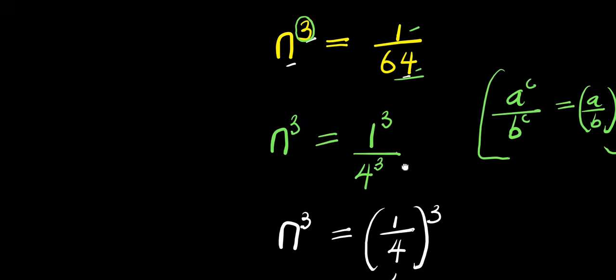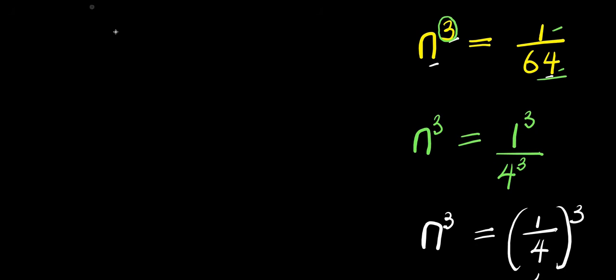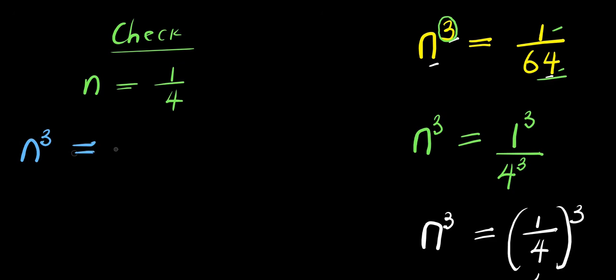So guys, if you want to check, you have n equals 1 over 4, you can easily insert this value for n right here. You have n to the power 3 equals 1 over 64. So you have n equals 1 over 4.